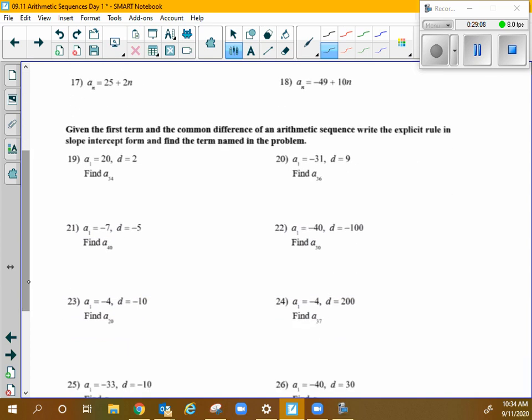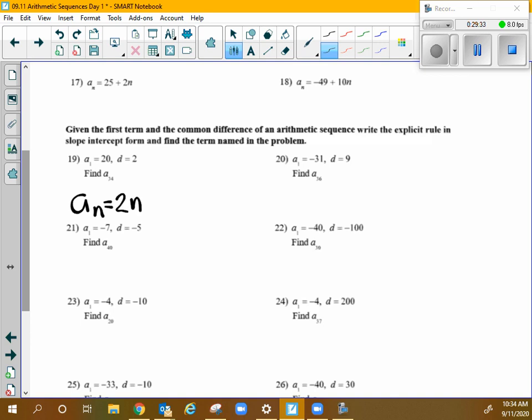The last part: given the first term and the common difference, write the rule. So A of 1 is 20 and the common difference is 2. What can I already build? You have the difference, so where can I start it? 2n.